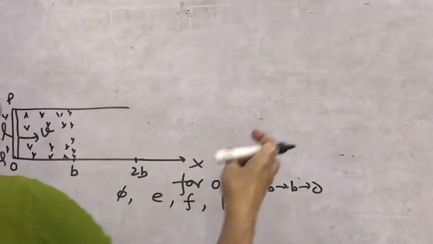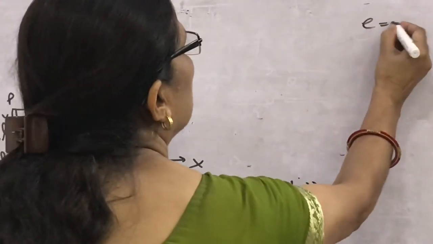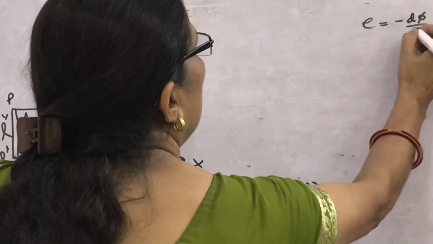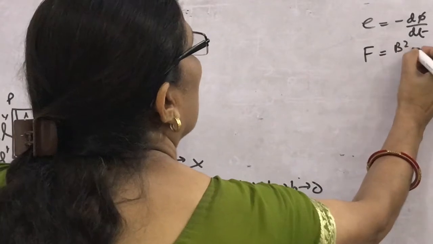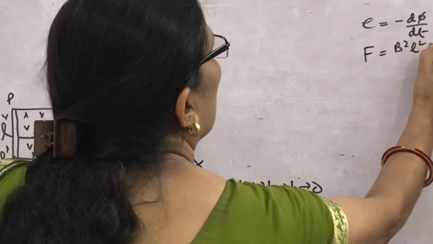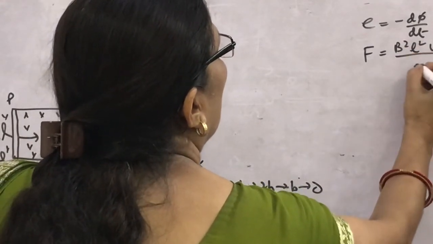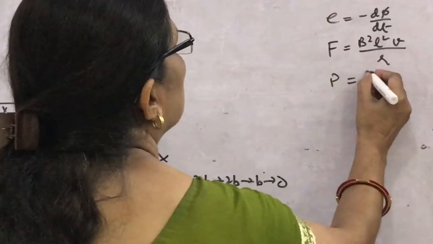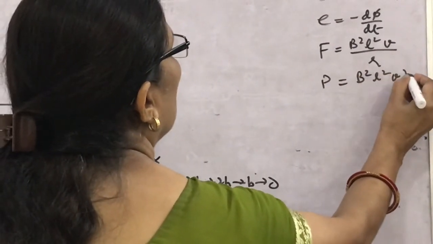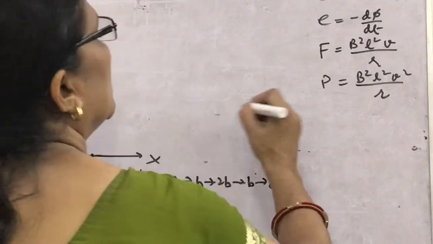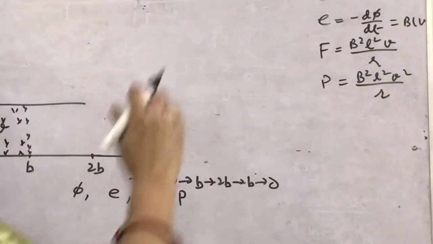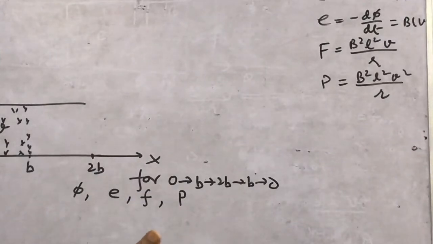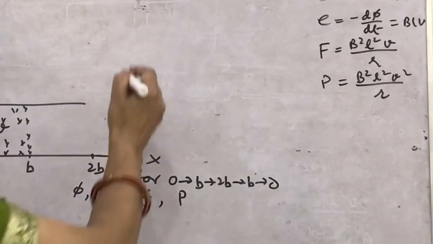We have seen that EMF is minus d phi by dt, F is B square L square V by R, and power is B square L square V square by R. This EMF is also BLV. All these four expressions we have derived, and these four are to be plotted.